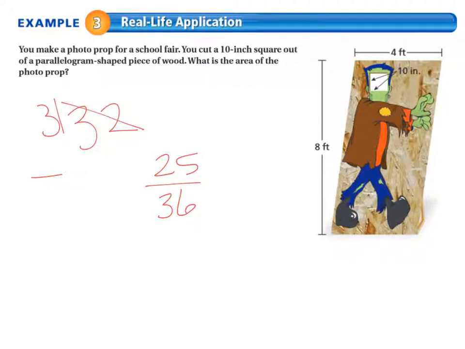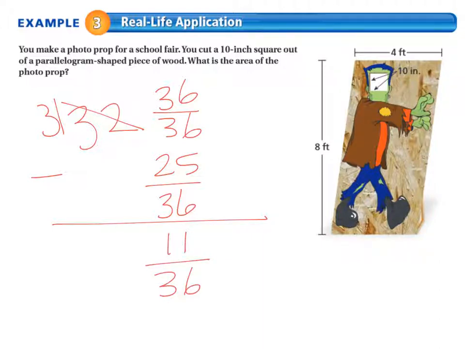So I'm going to change this into 31 and change this into 36/36, because this is still 32 total feet here. I have just changed one whole into a whole fraction. So if I subtract, these have a common denominator now, and if I subtract 36 minus 25, I now have 11/36, and then 31 minus nothing is 31, and I still have feet squared. So that's the area of the entire photo prop.